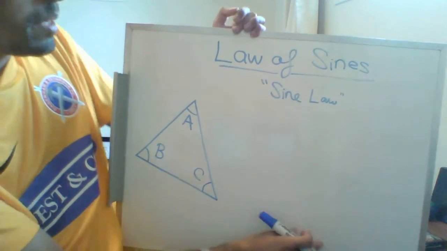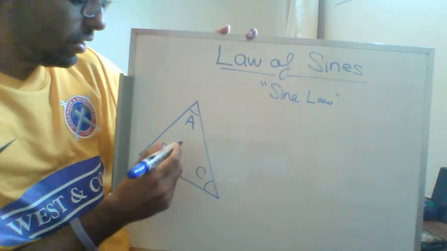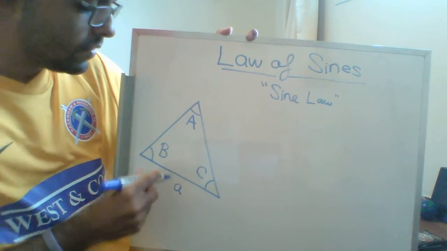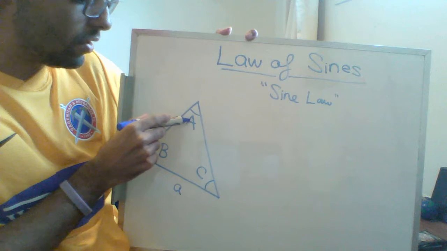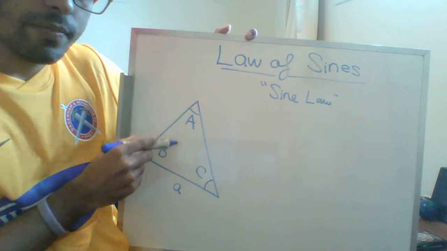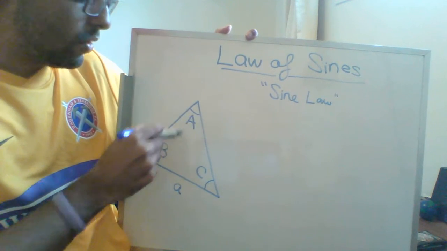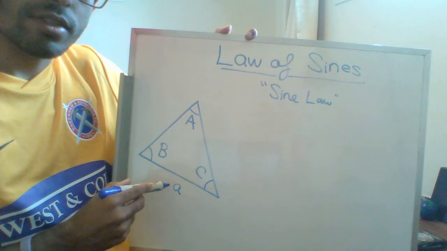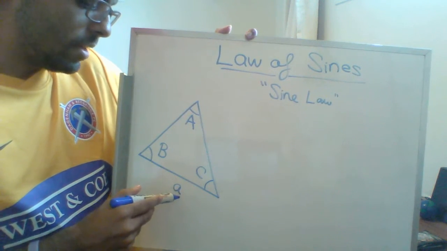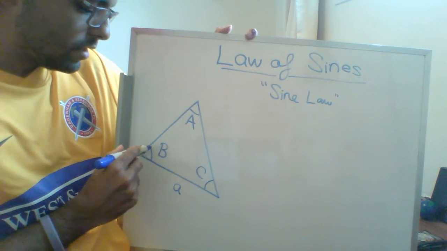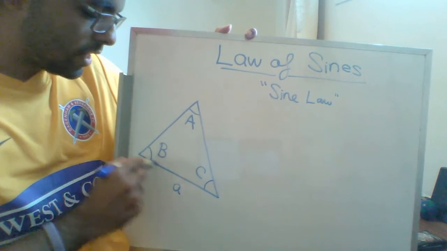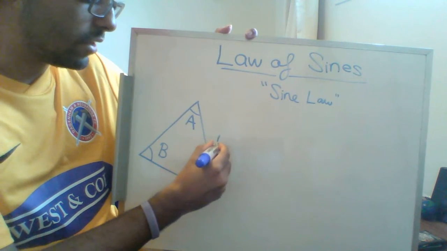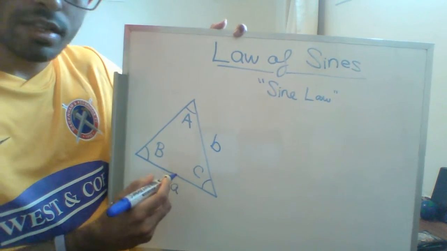Now we're also going to name the sides as follows. Side A, lowercase a, is going to be opposite angle A. You see how I've done that? The side that's not touching angle A is called side a. Similarly, angle B is made up by this side and this side, so we're going to call the last side, the one that's not touching the angle, little b.